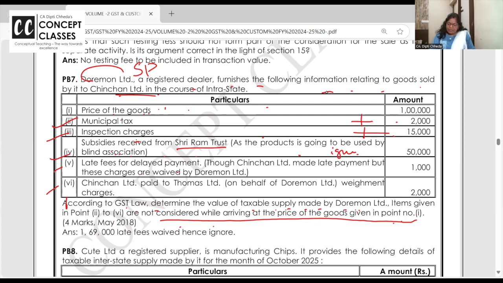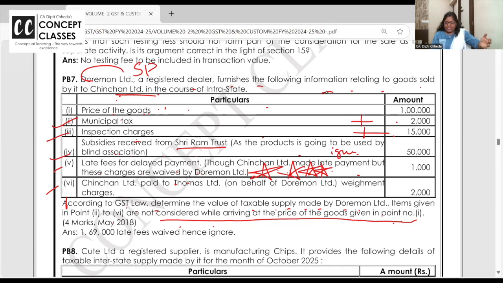Late fees for delayed payment: we have to add. But Sinchan Limited made a late payment, and these charges were waived off. Superb example. This is the point where students go wrong. Ma'am, you said late fees, if not there, you have to add late fees, interest, penalty.